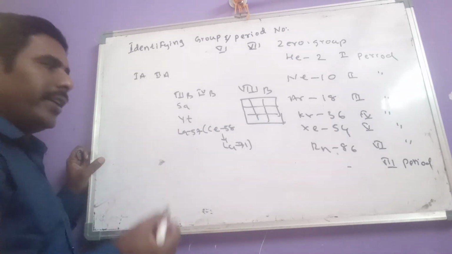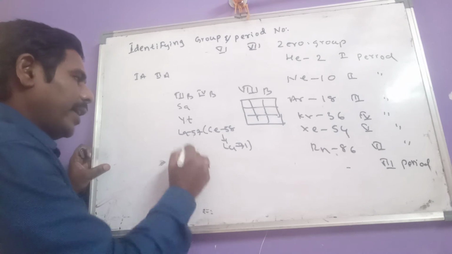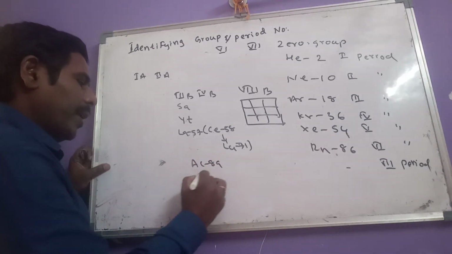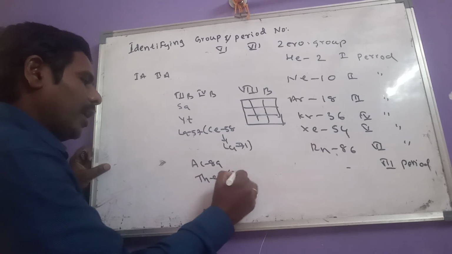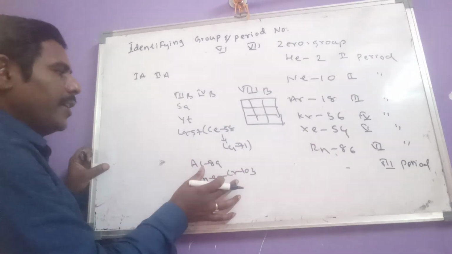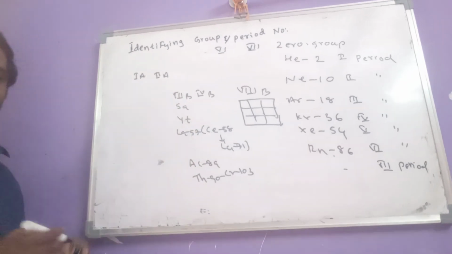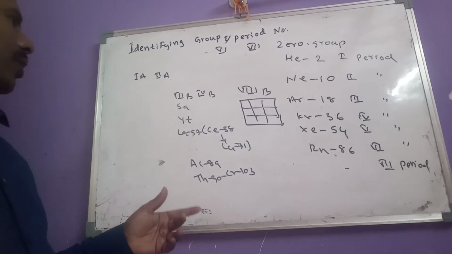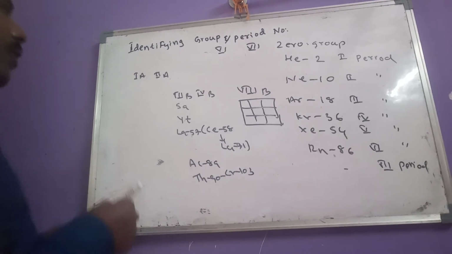And not only these. The next element is actinium 89, then thorium 92, up to lawrencium 103. All these elements are present in third B group only. So third B group contains so many elements. What are those?